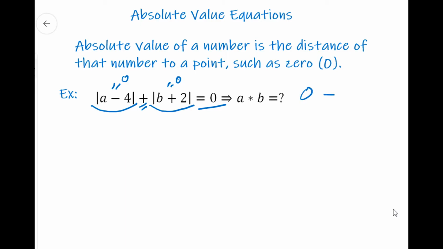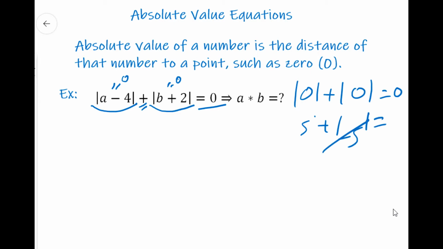Because 0 plus 0 in the absolute values is 0. If we have, for example, 5 here, we cannot have -5 from here because this is an absolute value already. There is no negative value which can come outside from an absolute value. And if you add those numbers up, the result has to be 0. That is why every inside has to be 0, guys.